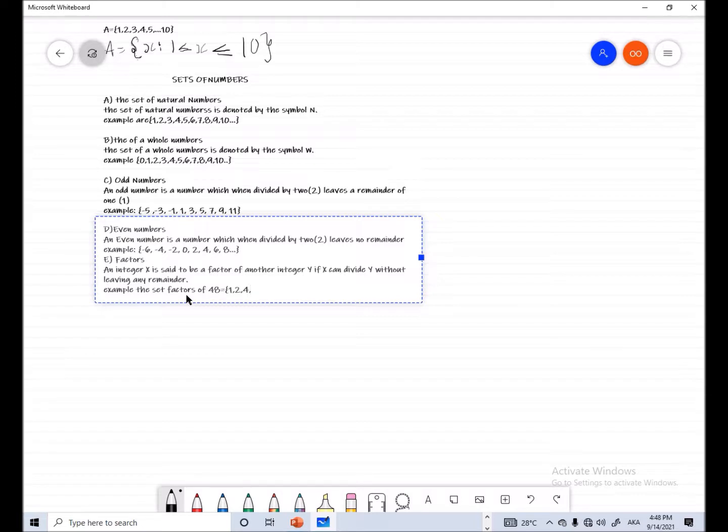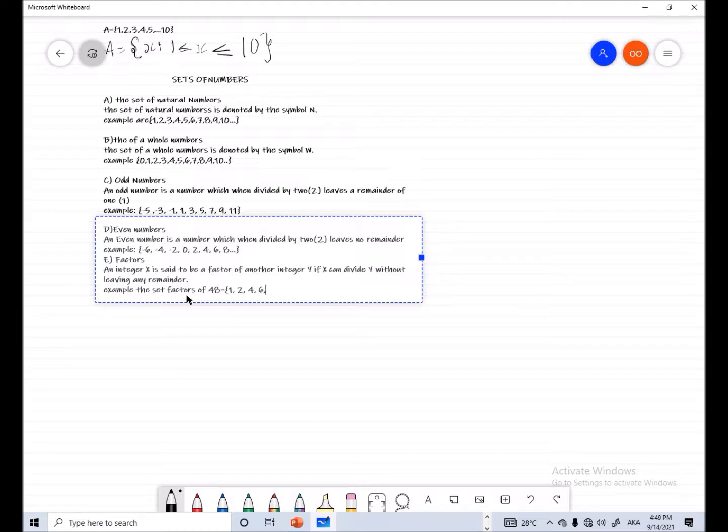I hope you are getting it. So now let's go to 6. When 48 is divided by 6, it's clear that there will be no remainder, so we take 6. What about 7? 7 can't be, because when 48 is divided by 7, there will be a remainder, so it's not a factor. What about 8?